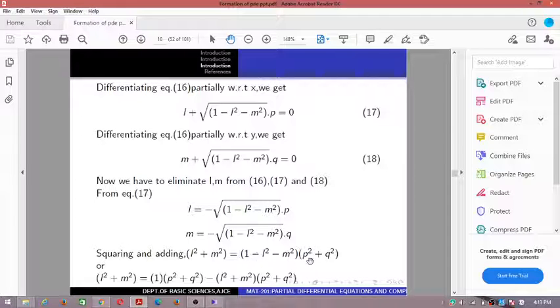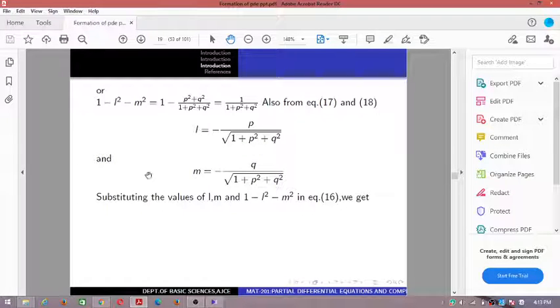Opening the bracket on the right, we get 1 times (p square plus q square) minus (L square plus M square) into (p square plus q square). On simplification, we get 1 minus L square minus M square is equal to 1 divided by (1 plus p square plus q square).